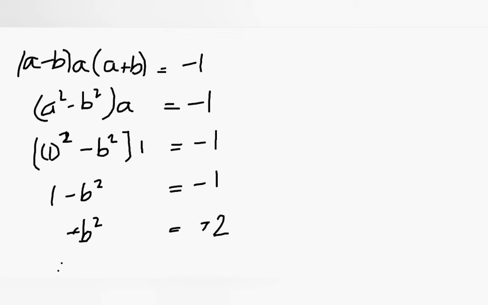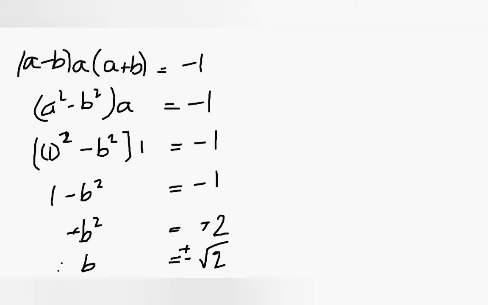Therefore b is equal to root 2. Wait, I think I am wrong somewhere. Let me just check it. No, it's root 2. And since we are doing polynomials and we do not know what is plus and minus, we will write plus or minus root 2.